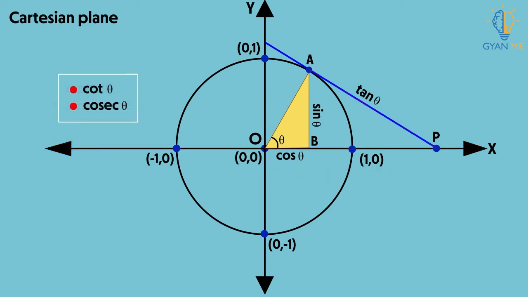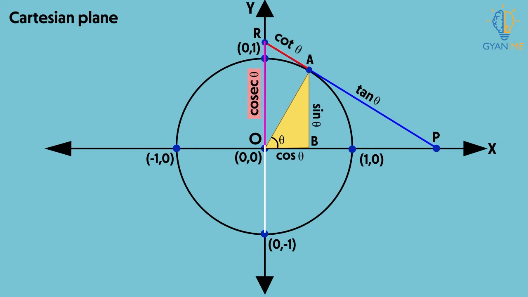Okay, now what about cosec and cot? Yes, this distance is cot theta and this distance is cosec theta. Well, if you look at the figure very carefully, even the cosec theta is on the secant of the circle, which is why it is related to secant. Look at this y-axis. Isn't it a secant? Yes, it is. I just said that it intersects the circle at these 2 points.